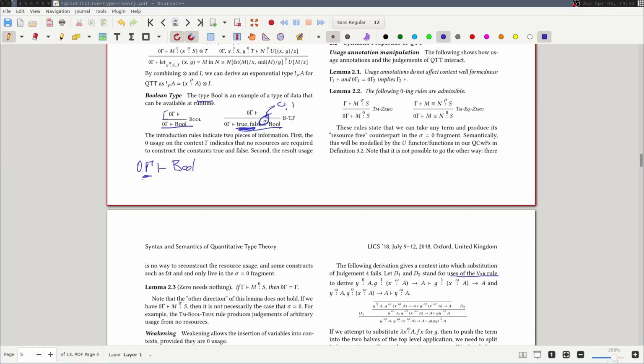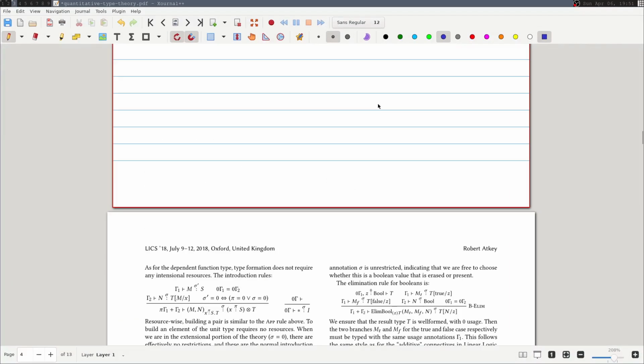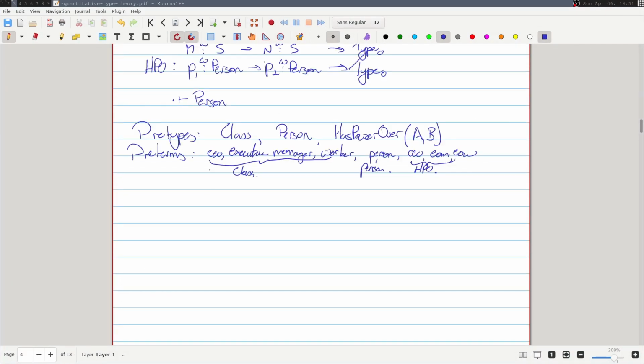So gamma could be 0 gamma, so you could have 0 gamma equals gamma. So it's not clear to me why you need the 0 here. If gamma is just a variable, you can just make it one that is 0 gamma. I don't really understand that.